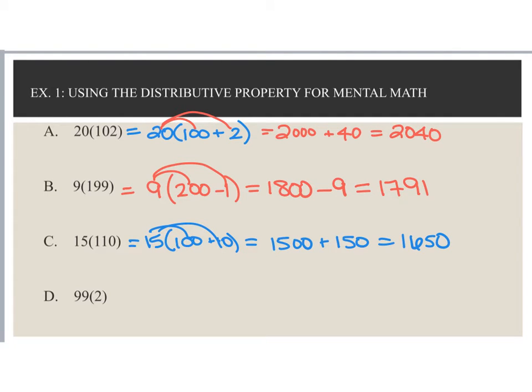And for part D, I have 99 times 2. Well, this here I could really break down into 99 times 1 plus 1, which is 99 plus 99, or 198. So again, this is a way that you could use the distributive property to help you solve things when you have to do mental math.